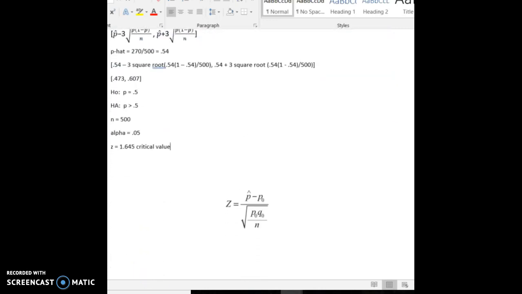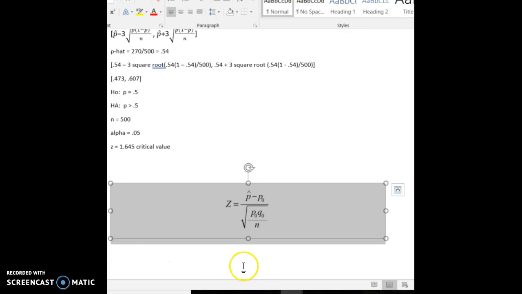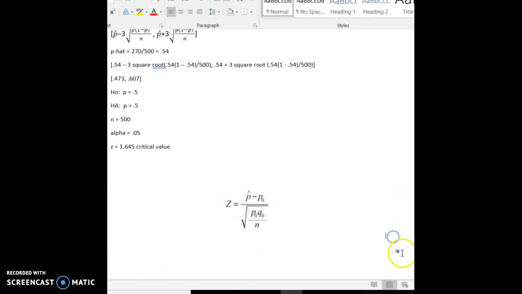All right, so let's do our test statistic. All right, so let's go ahead and fill in. Our p hat was 0.54.